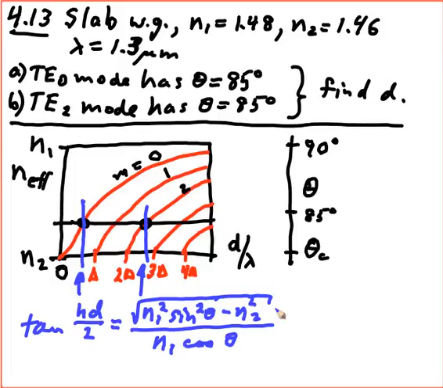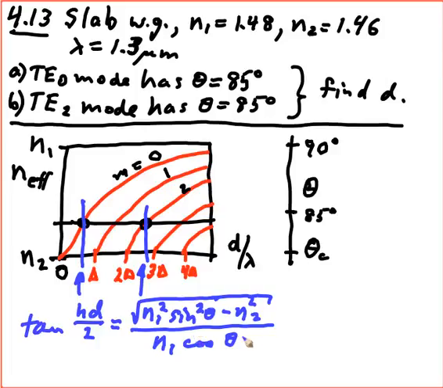Now, we saw that in order to make this mode plot in Excel, we could not solve for theta as a function of d by lambda. We had to solve for d over lambda in terms of theta, and that gave us this first curve from this equation. So we're going to do that same move. We're going to solve for d over lambda.